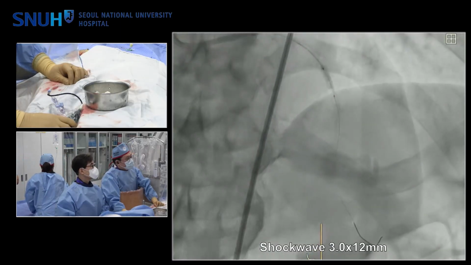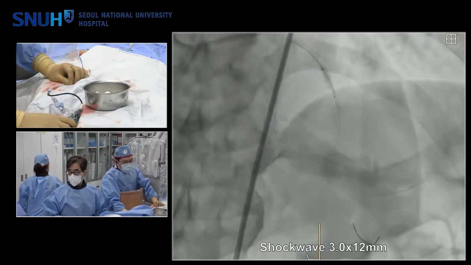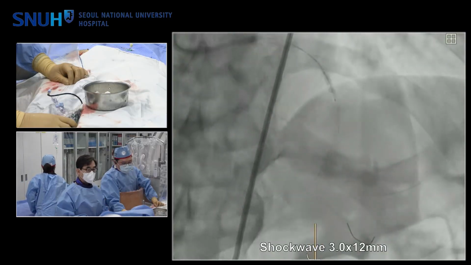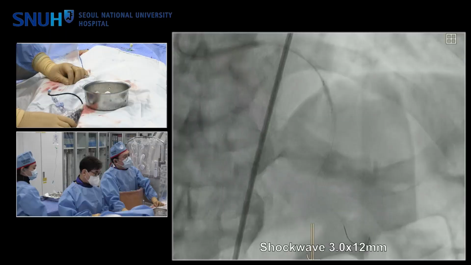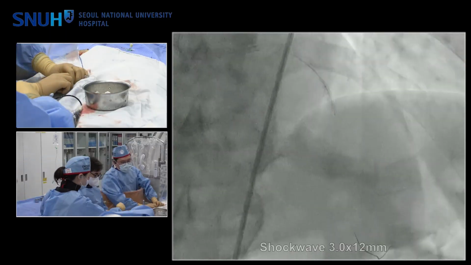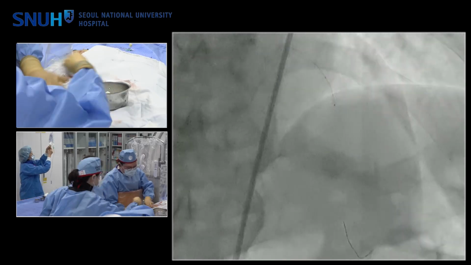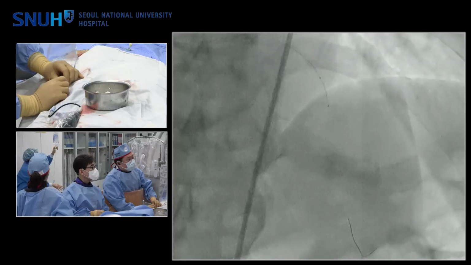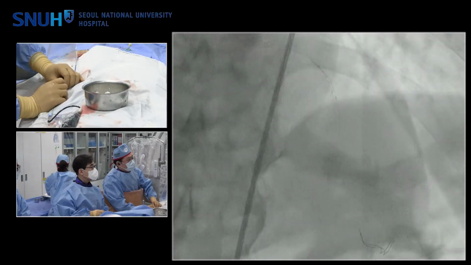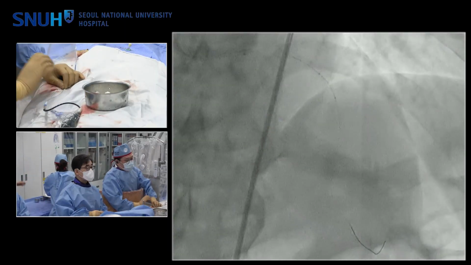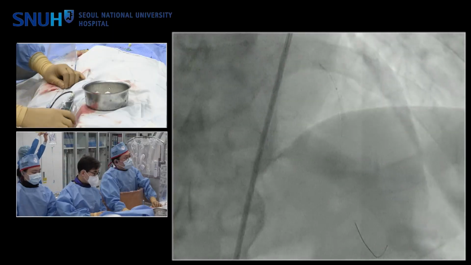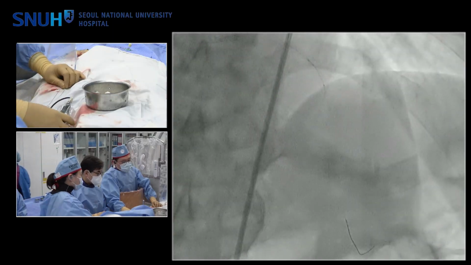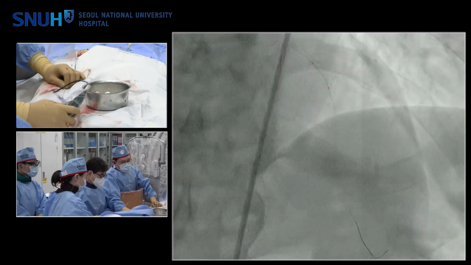Does IVL have a very similar effect on eccentric versus concentric calcium? The data says the same, but in actual practice, modification of eccentric deep calcium, creating damage inside the calcium, is very difficult. I think that is my honest impression of IVL usage.